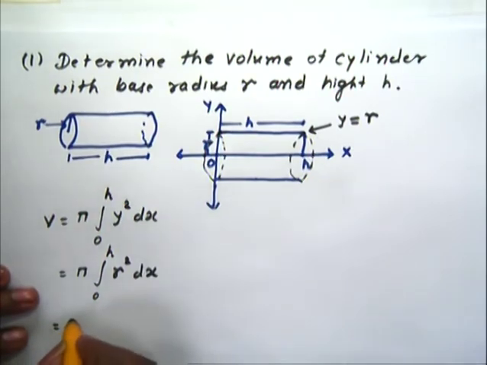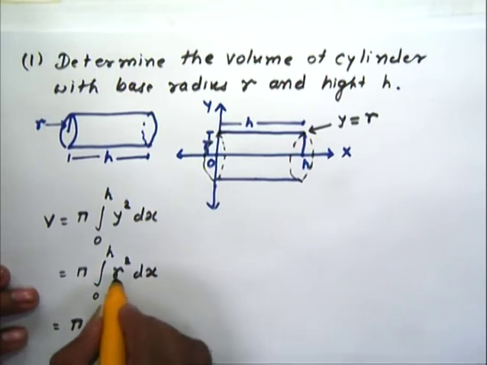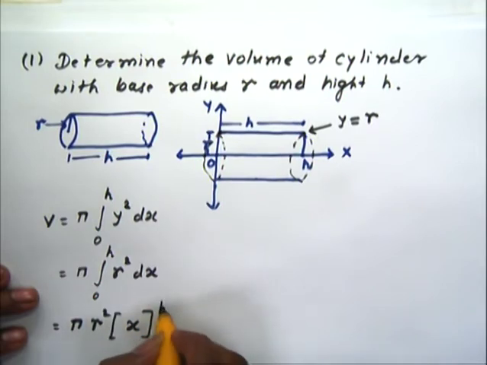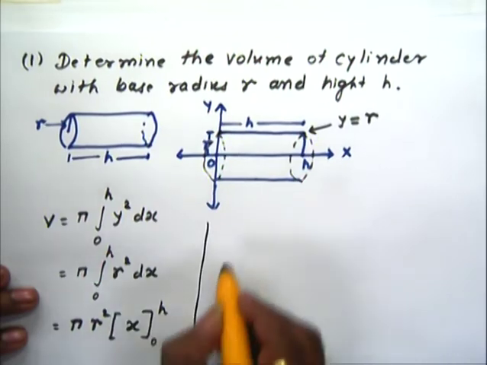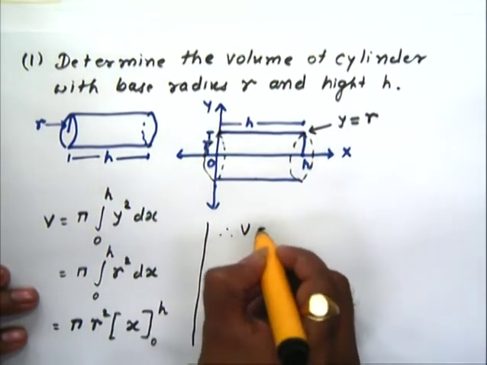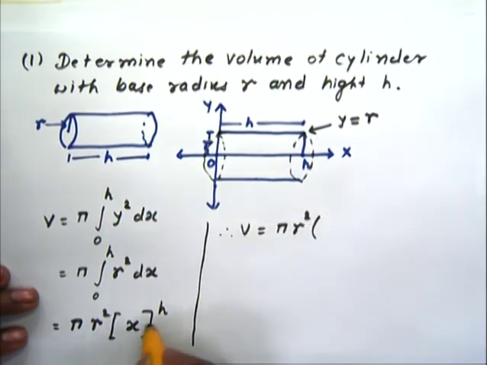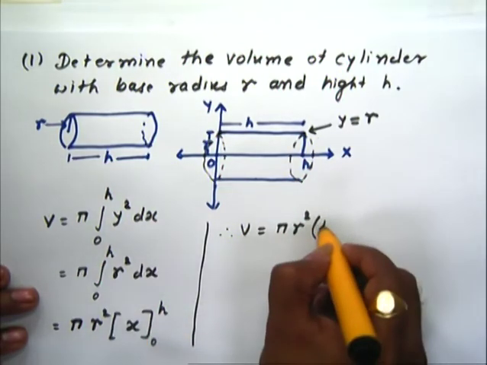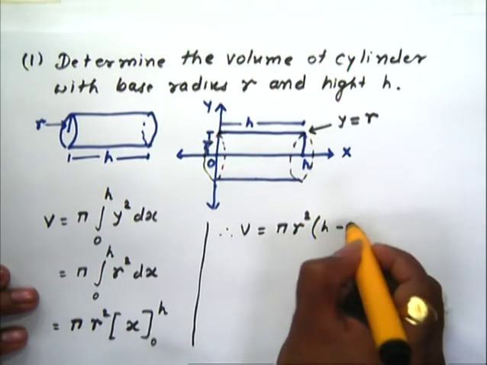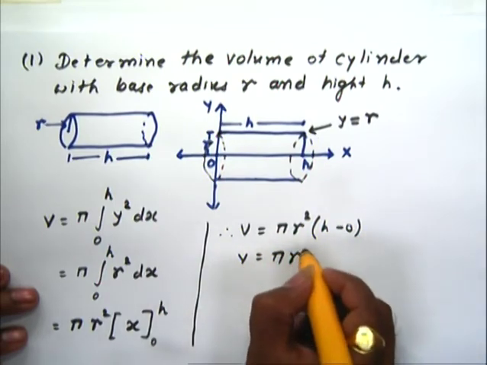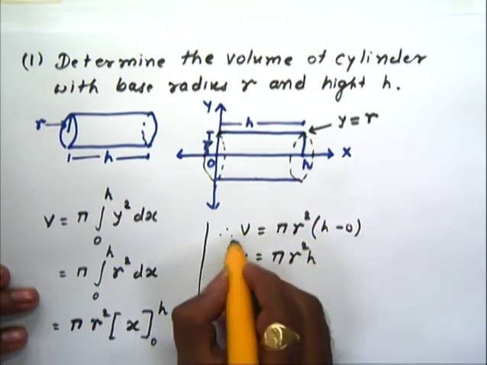This is equal to pi, r square is constant and integration of 1 is x from 0 to h. Therefore V equal to pi r square, substitute here h, so h minus 0 is nothing but h, so volume V is equal to pi r square h.